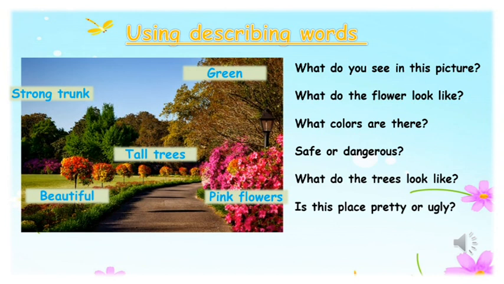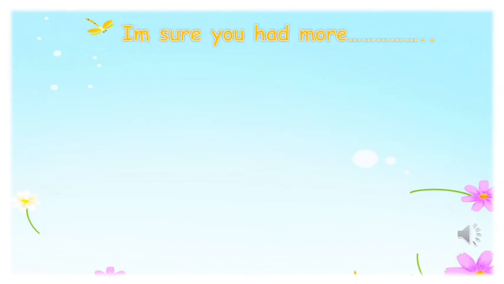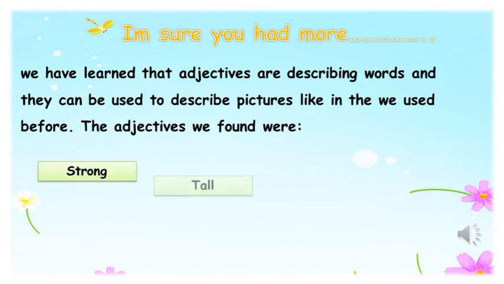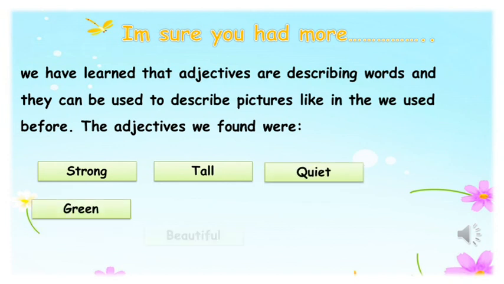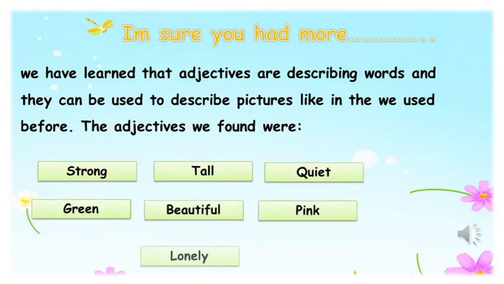So I hope that you got some of the words that I got from this picture. I'm sure you had more, which is perfect, but let's look at the ones that I got. So we have learned that adjectives are describing words, and they can be used to describe pictures like the one we used before.